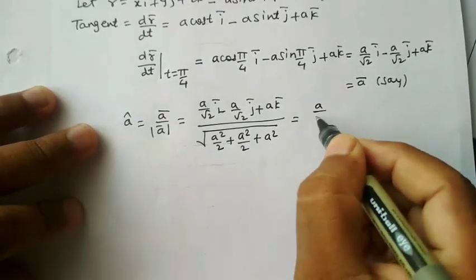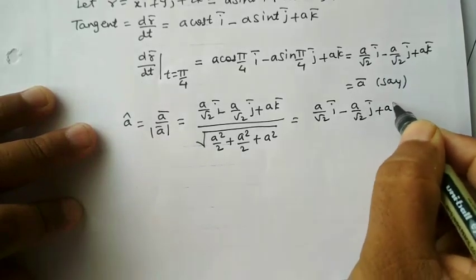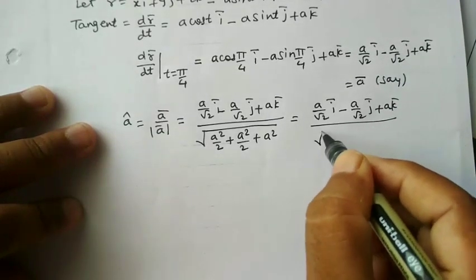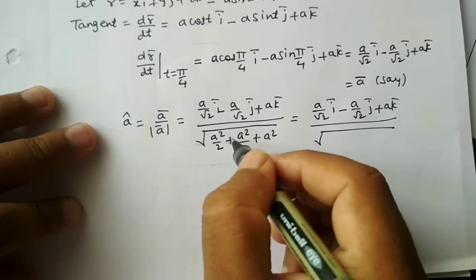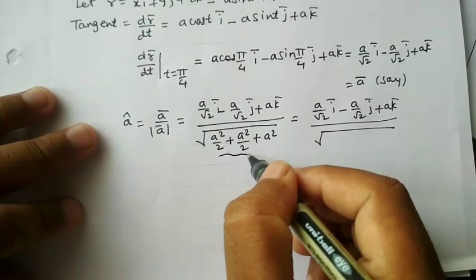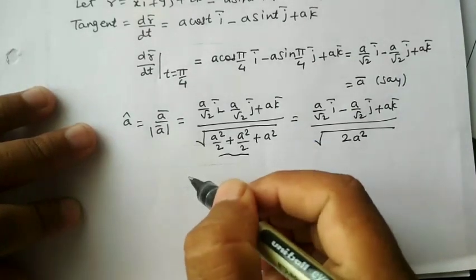That is the square root of a square by 2 plus a square by 2 plus a square, which is 2a square.